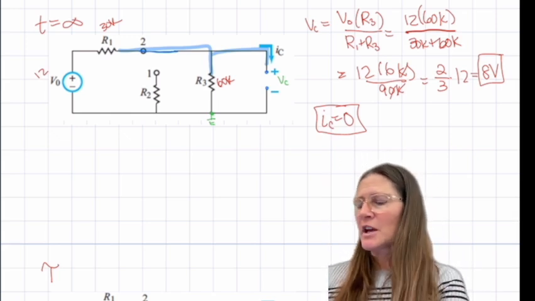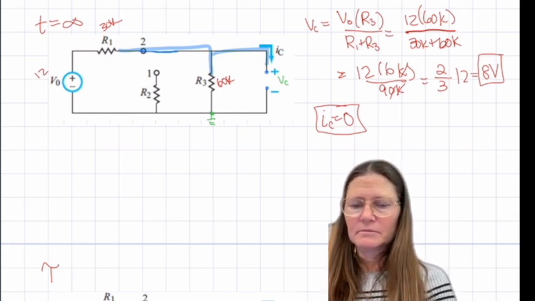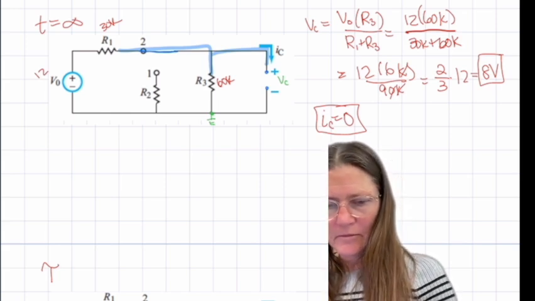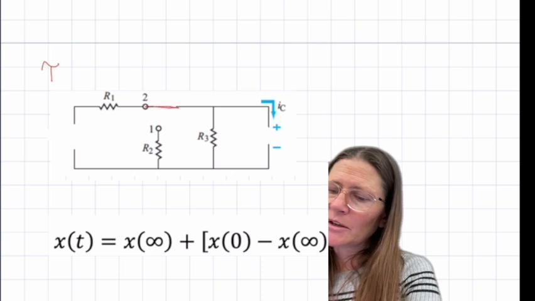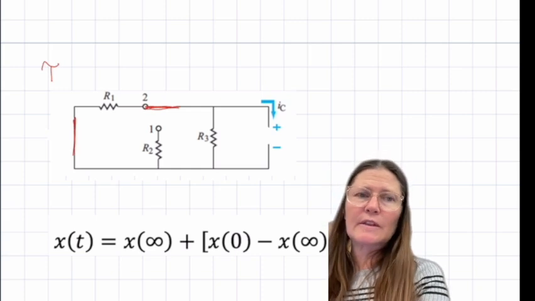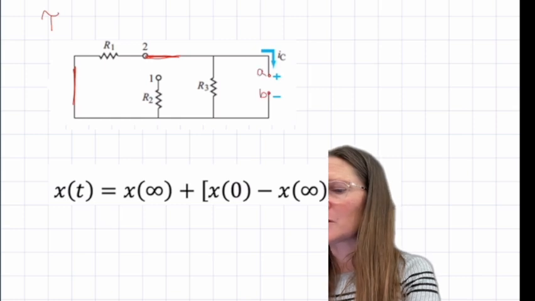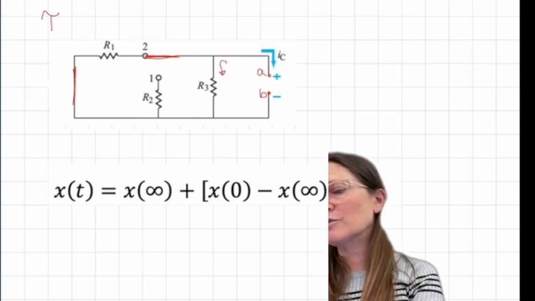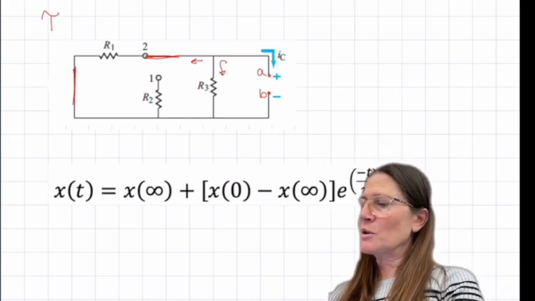All right, then we need to find tau. And for tau, we're going to do the final circuit. So that's going to mean that this is here. We're going to short the voltage source, and then our pathway is A to B between where the capacitor was. So our pathway here goes to R3, and then it splits. And so those two are going to be in parallel.